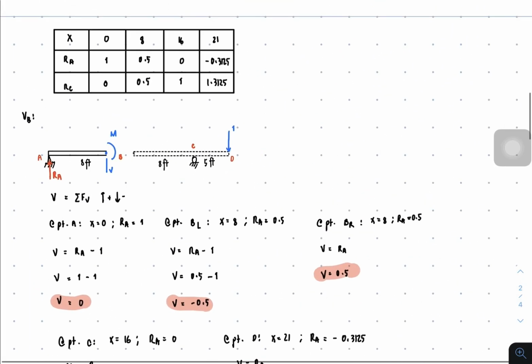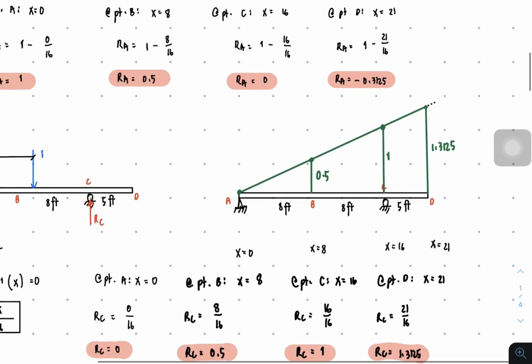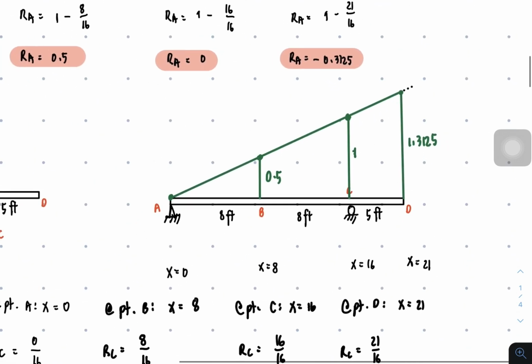The same way with this one. Since you already know that at every reaction, like here, it will give you 1 unit. I'm talking about the reactions RA and RC.